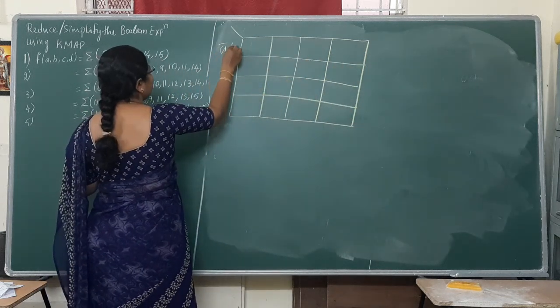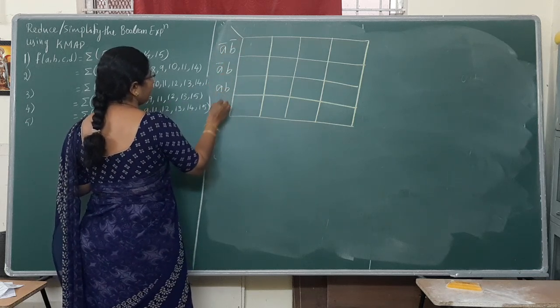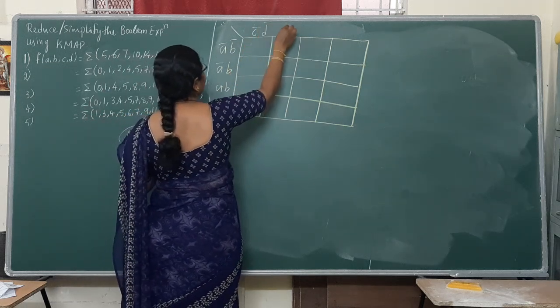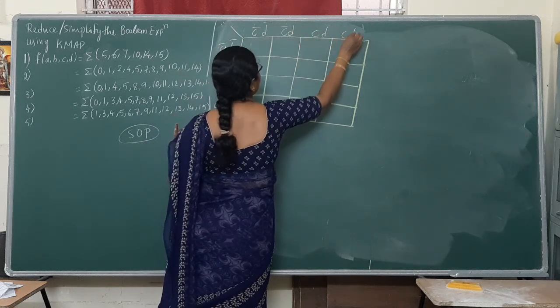A complement, B complement, A complement, B, A, B, A, B complement. C complement, D complement, C, D, C complement, D, C, D, C, D complement.